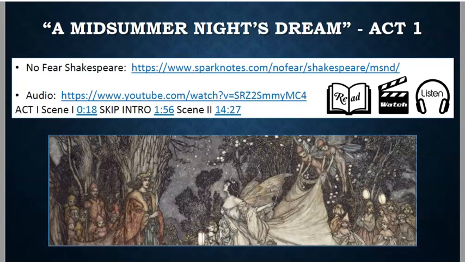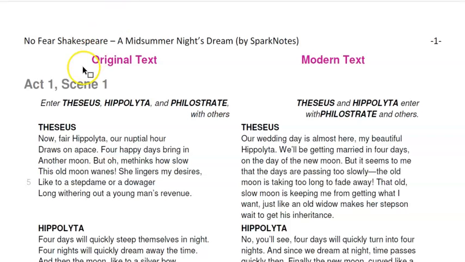All right. Let's read A Midsummer Night's Dream Act 1. You're going to use No Fear Shakespeare, which has the original text on the one side and the modern text on the other side. So you can read the original text first and then the modern text, or you can read the modern text first and then the original text.